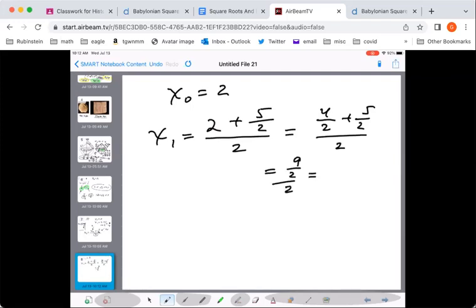No decimals. I want improper fractions. If you want, after the improper fraction, you can then turn it into a decimal.